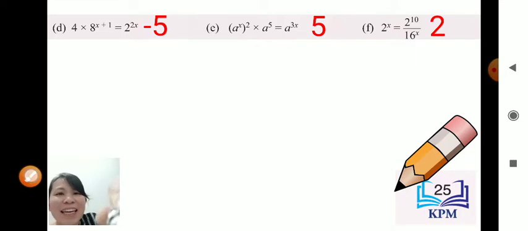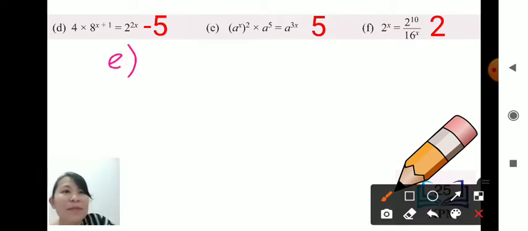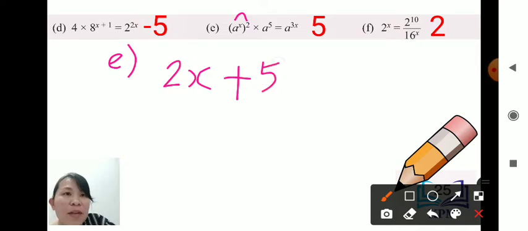Okay, E. This is easy because we have all the same base here, a. So the first one, brackets, you multiply. x times 2 is 2x. To multiply you add, plus 5 is equal to 3x.